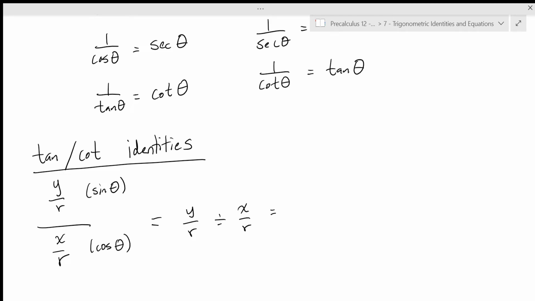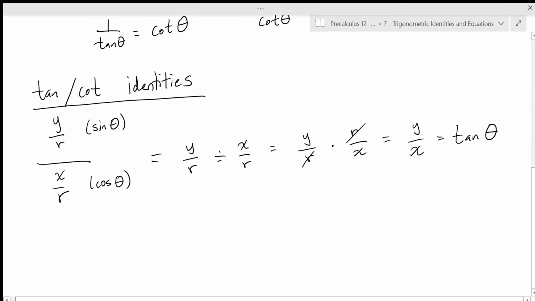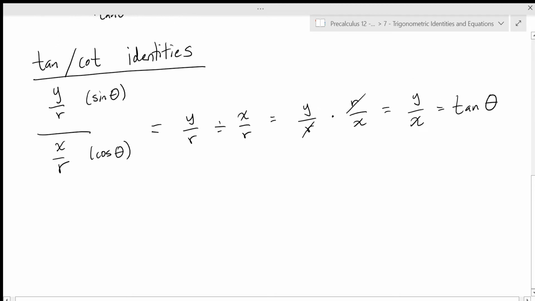That's going to equal y over r times r over x. You notice here that these r's are going to cancel, so that gives me y over x. Well, what is y over x? That's actually equal to tan theta, which we know from last time. So we have now our tangent and cotangent identities.